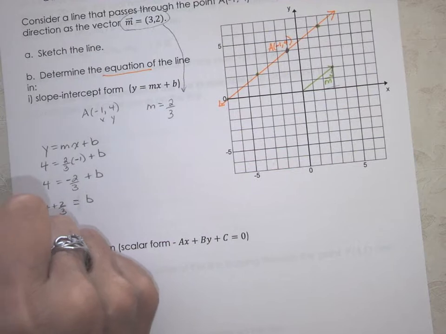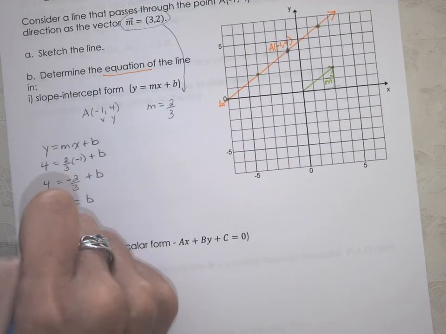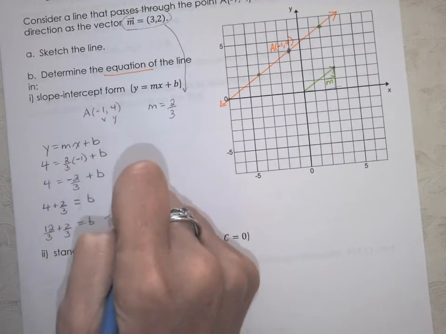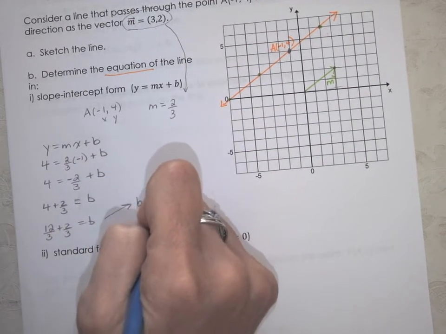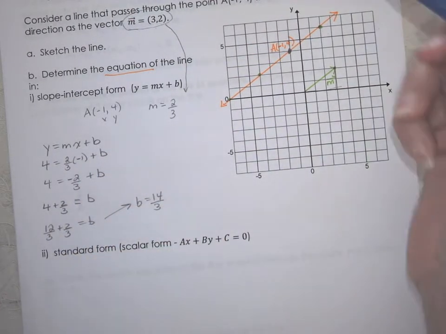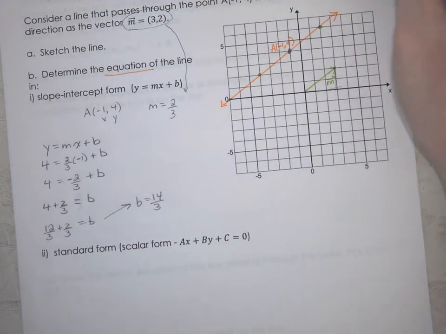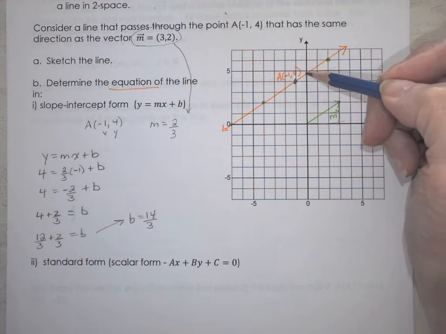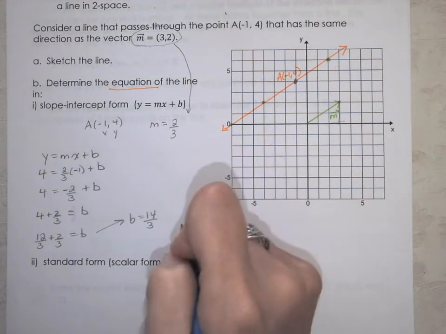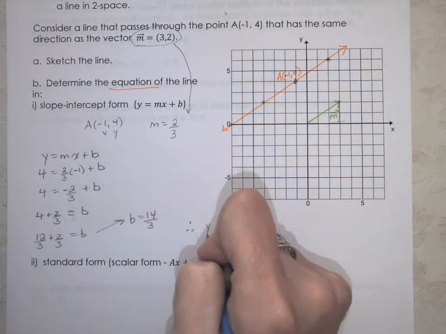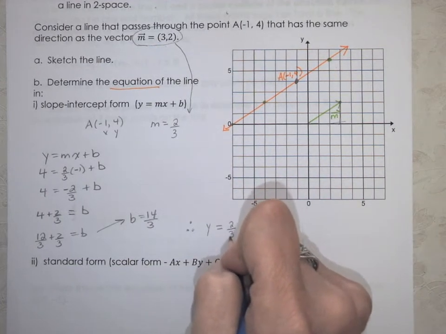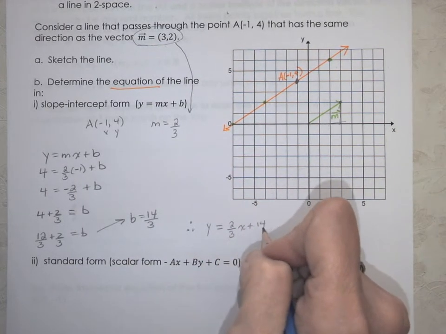So we'll make that 12/3 + 2/3, or b is 14/3, which is 4 and 2/3. Make sure that looks right here. If we're looking for our y-intercept, 1, 2, 3, 4, and 2/3 makes sense. So the equation of our line in slope-intercept form would be y = 2/3 x + 14/3.